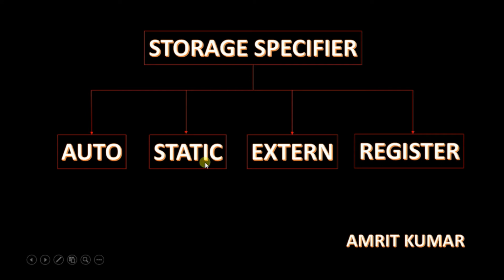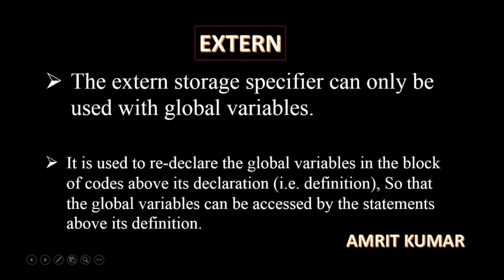Now in this video we are going to learn about the external: the meaning of external, how we are going to use it, what the categories and criteria of it are. After that we will learn about the register also.